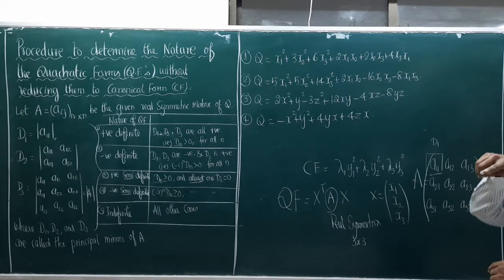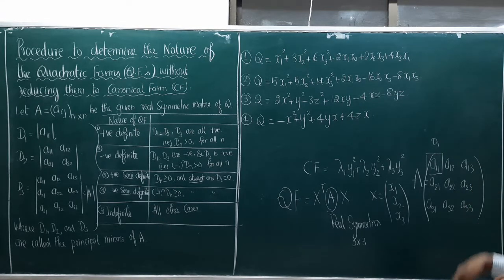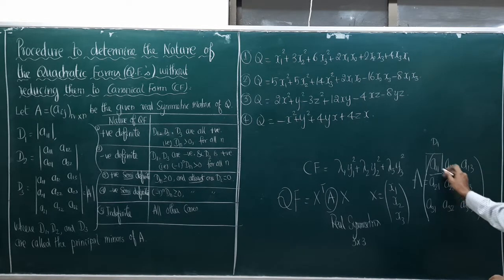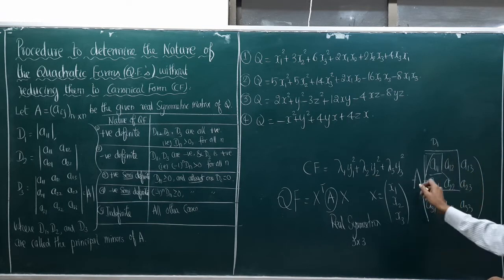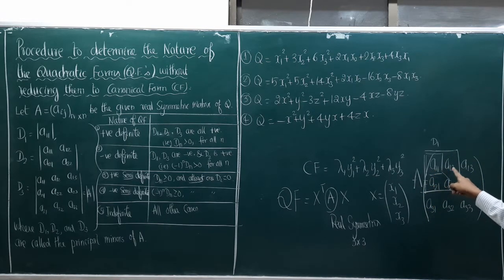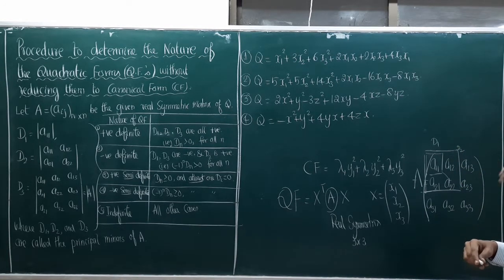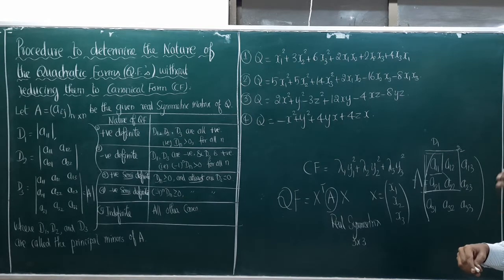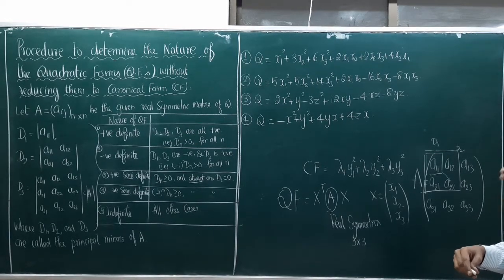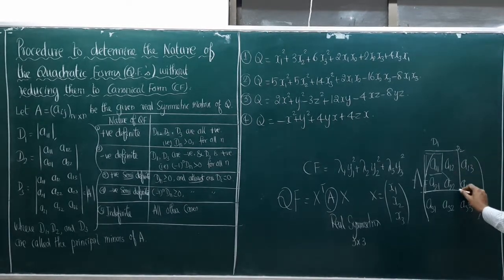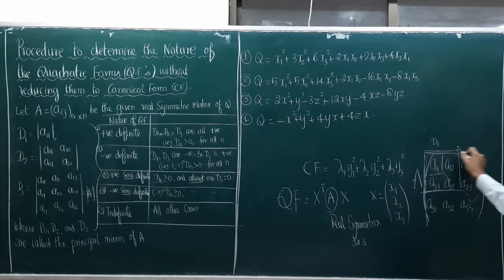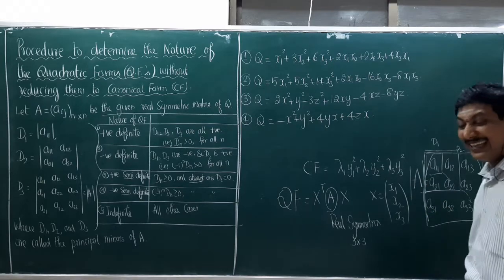Let us extend for the second diagonal. So I get the 2 by 2 matrix, that is A11, A12, A21, A22. This is called D2, the second principal determinant, often called the second principal minor. If I extend to the third diagonal element, it's called D3. So D3 is nothing but the determinant of the matrix A.